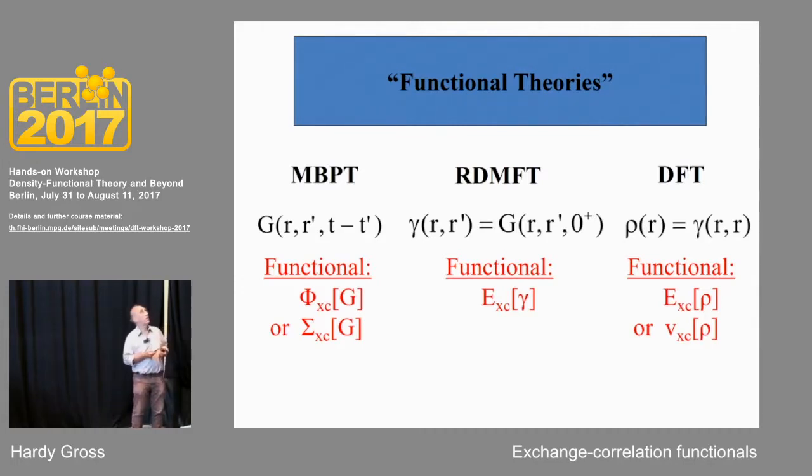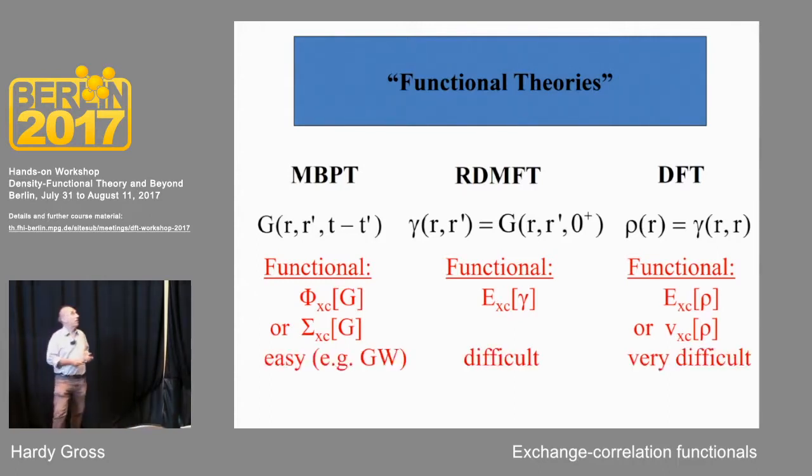Or you can make density functional theory, and this will be the main topic, where you use the density as the simpler quantity, and you have to find functionals for the exchange correlation energy or the potential. So in spirit, all these approaches are very similar, right, and totally different from the wave function approach.